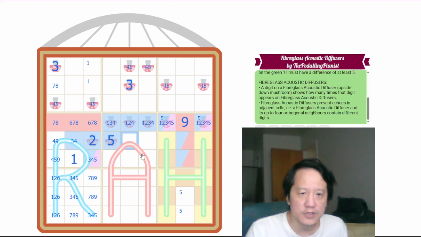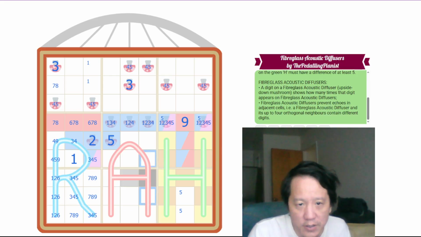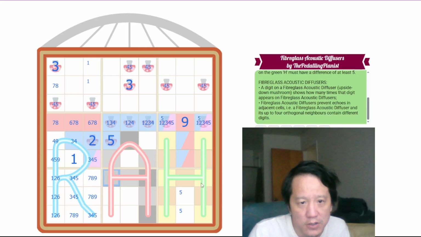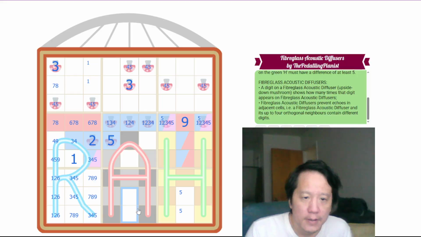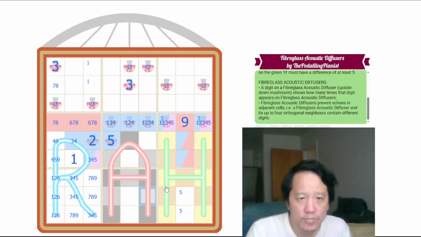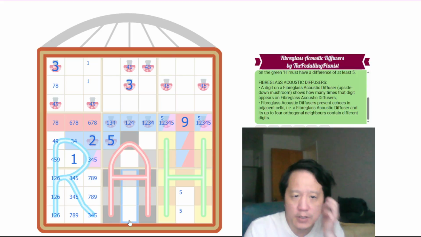These must alternate parities here. So let's start marking them as dark and medium. So then these become medium. These are dark. That makes this medium, which makes this dark, medium, and dark. Okay. 3 can't be here.